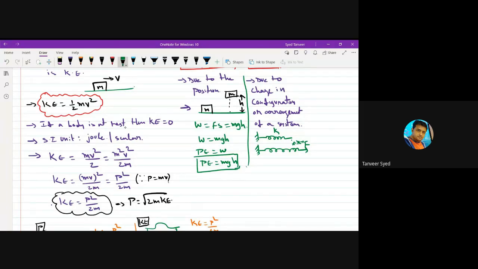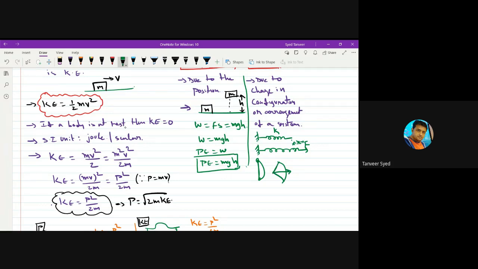The same thing happens if you compress it. Or you can take another example, a bow and arrow. This is a bow. If you want to shoot an arrow, you put the arrow and pull the string back like this.